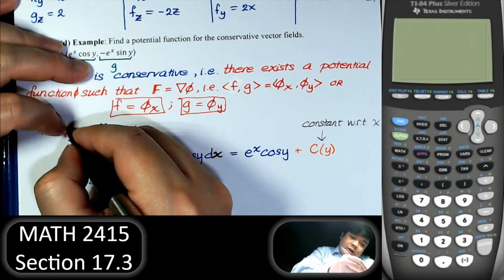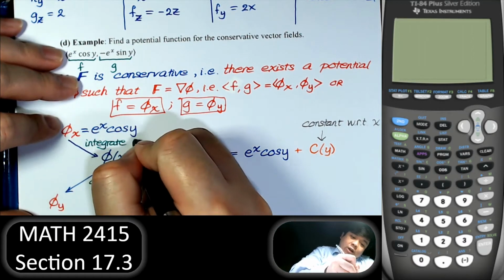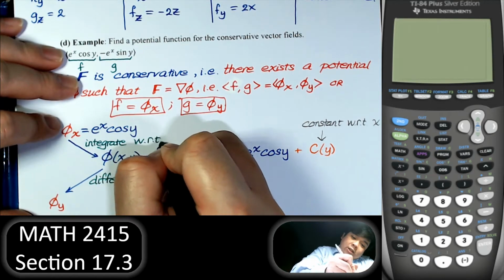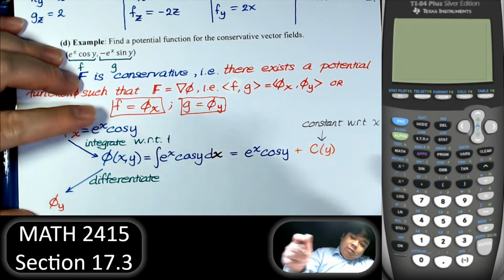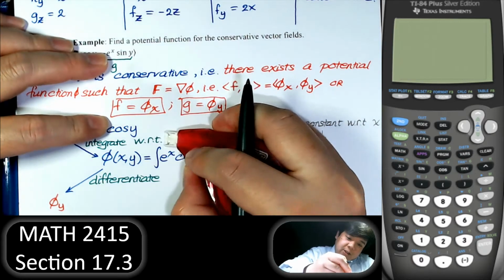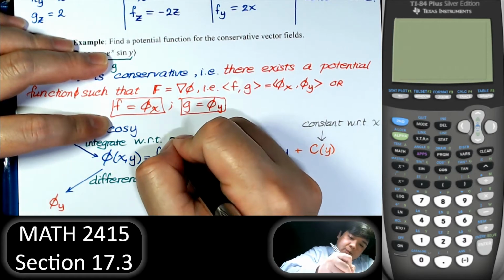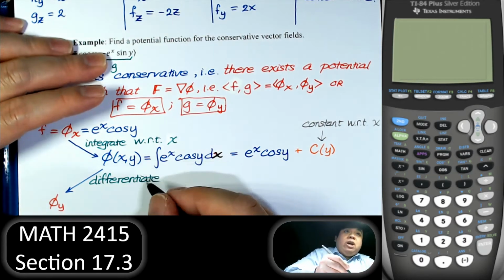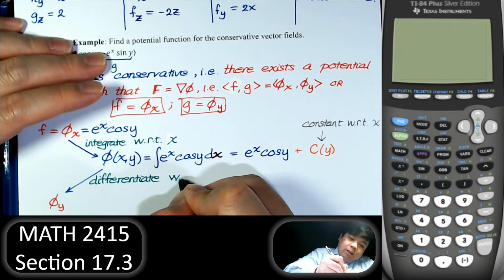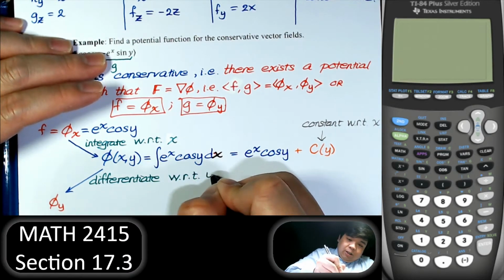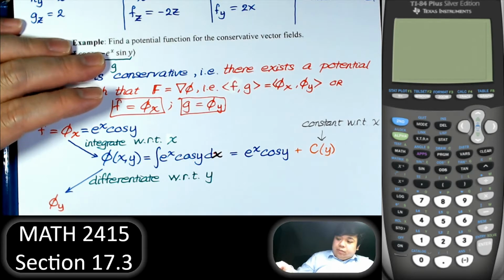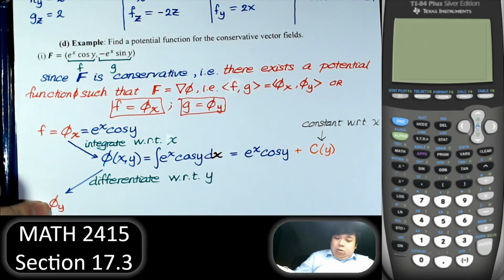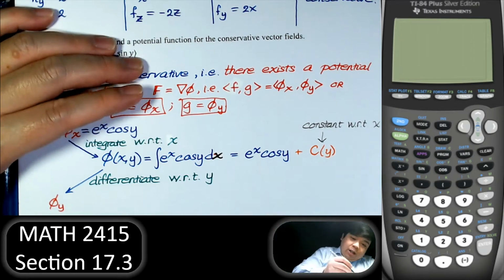So first we integrate phi of x with respect to x, and then we differentiate with respect to y. Right, we take the derivative of this with respect to y.